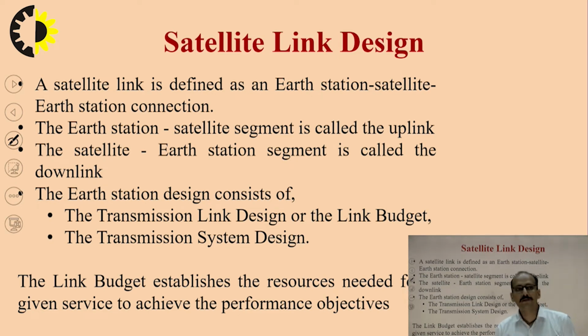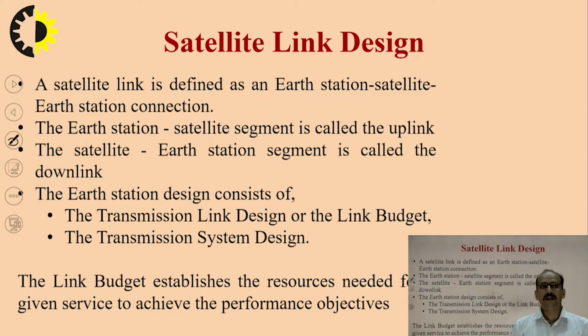From the start I am telling you one point: whenever we want to locate a satellite, our first requirement is to locate that satellite in space, in the orbit. That we have done already. But the main function of a satellite is to maintain the communication between the earth and the satellite.